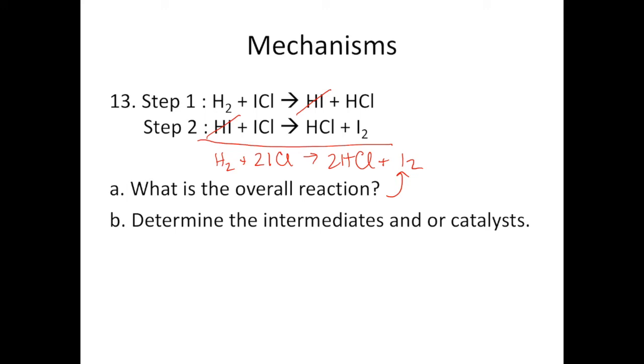Determine the intermediates and or the catalysts. Well, because anything that you cancel out, it's either an intermediate or a catalyst. You just got to figure out which one. In this case, because we formed HI and then we used it, we know that HI is an intermediate.